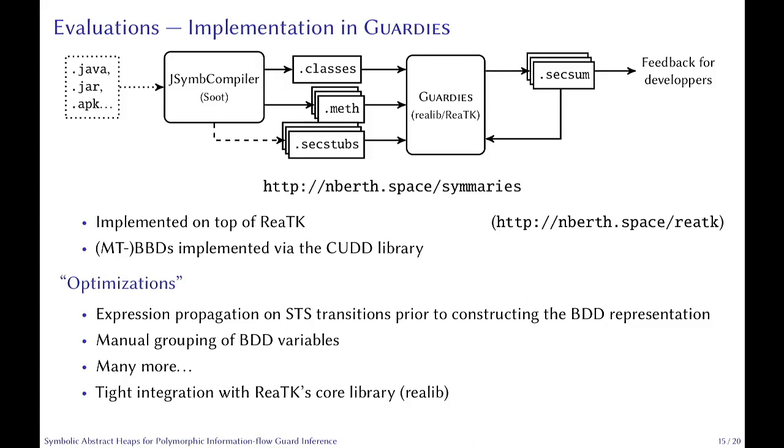It's implemented on top of a previous tool that I implemented some years ago, which is dedicated to controller synthesis and abstract interpretation stuff. But it has a good, easy to use co-reachability analysis core, so that's what I used directly. And the Guardis tool implements various optimizations that you can only do if you really master the full stack of the tool.